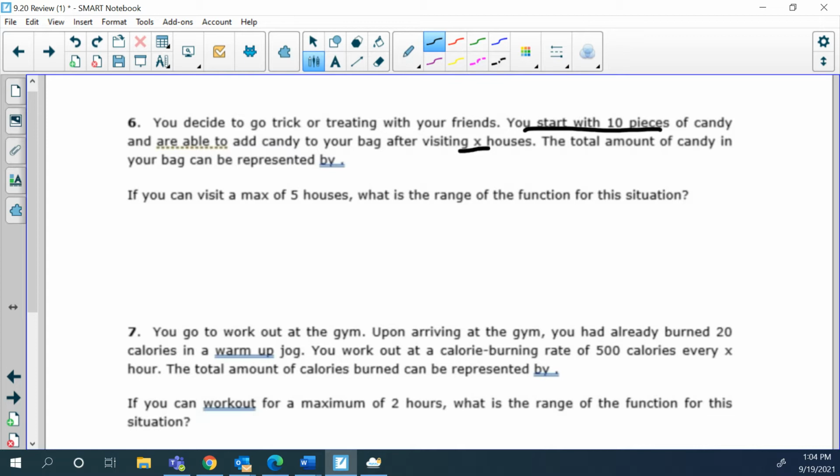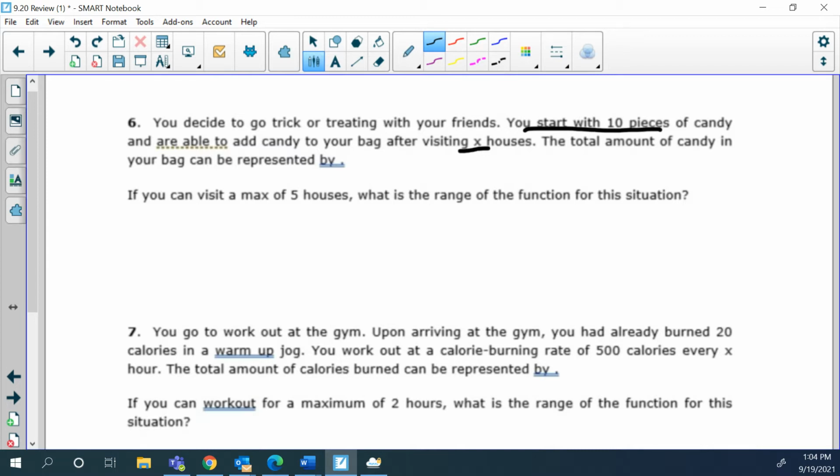If you can visit the maximum 5, what is the range of the function? Well, let's see. I thought they gave you the equation for this one. Yes, it didn't show up.